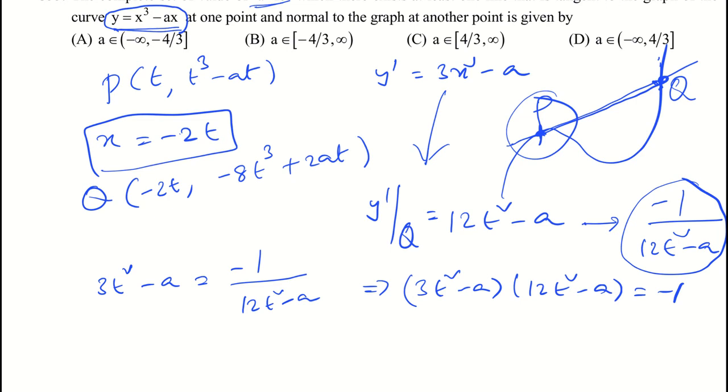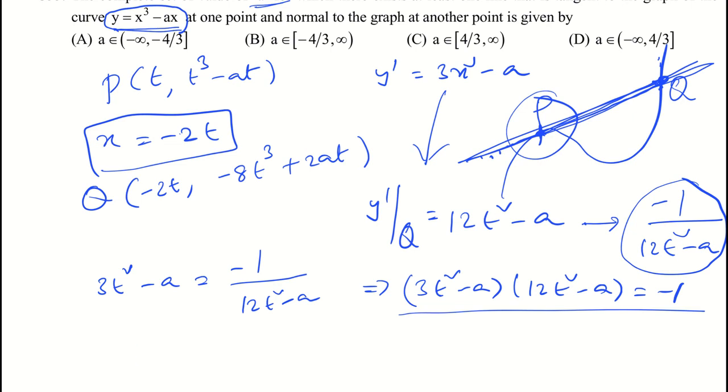Now you have a biquadratic in t square. For fun, if I call t square as s, then I'll have a quadratic in s. And I want such a line to exist. That means I want such a t to exist. That means the biquadratic in t or the quadratic in s, we want that to have real roots.